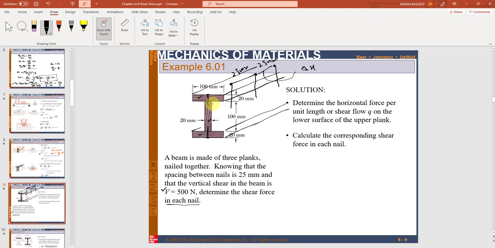Clear? Also, you can see that this is the nail, and this is the first plank, and there will be a second plank. The horizontal shear force will be acting over this area of the nail where both planks are meeting. So we will find the horizontal shear force in the nail. Let's start with the solution.